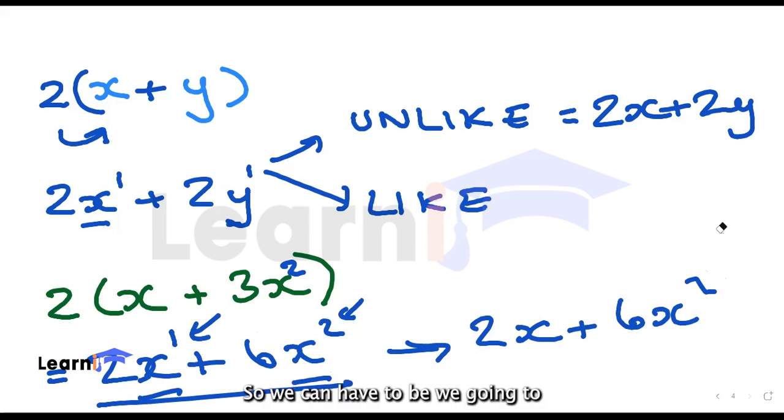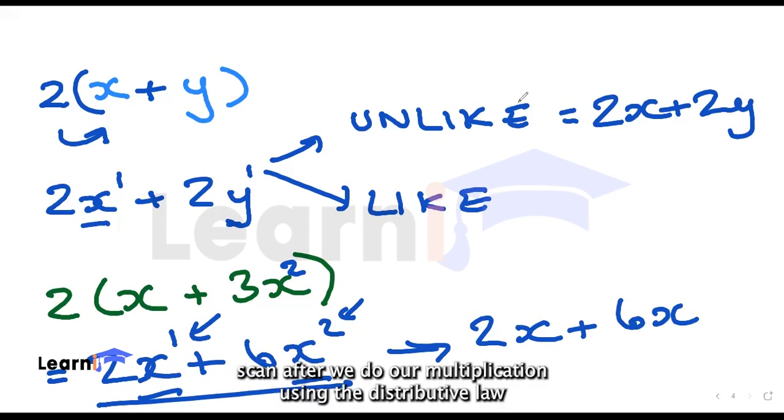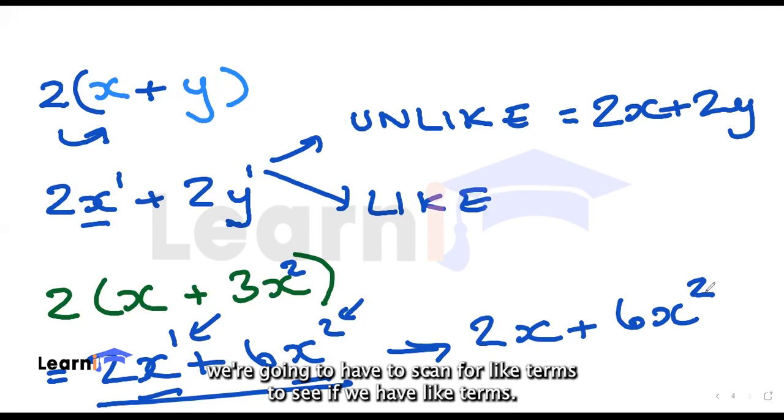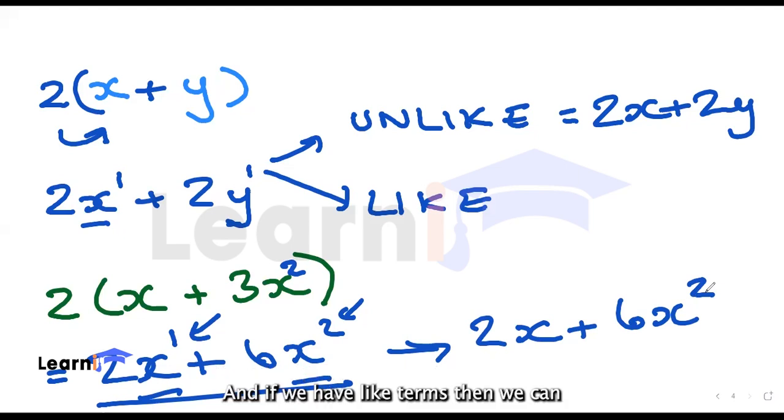Okay, so we're going to have to scan after we do our multiplication using the distributive law. We're going to have to scan for like terms to see if we have like terms. And if we have like terms, then we can simplify them by adding or subtracting them.